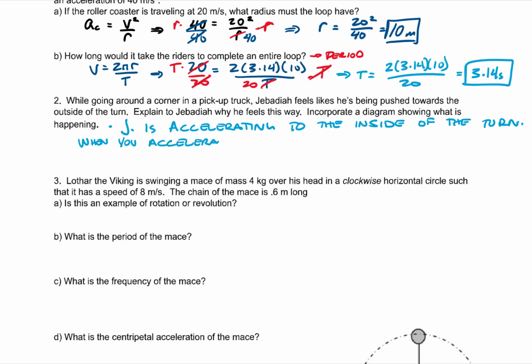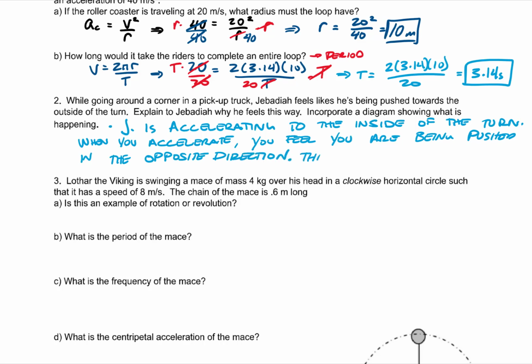When you accelerate, you feel a force, or you feel you are being pushed, in the opposite direction than the actual acceleration that you have. This is an effect of inertia.